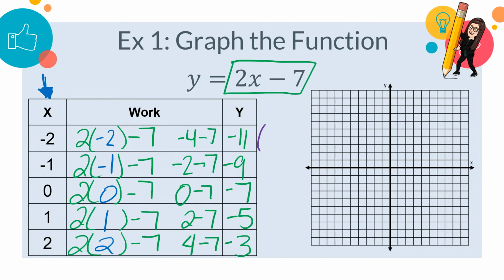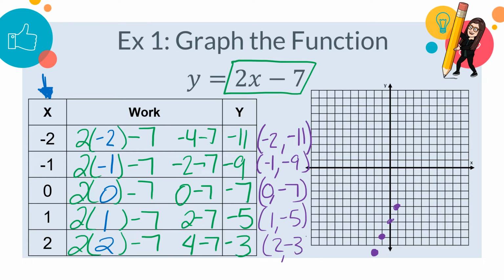If I combine the x column with the y column, I have a point that I can plot. A 0 got me a -7. A 1 got me a -5. And the 2 got a -3.